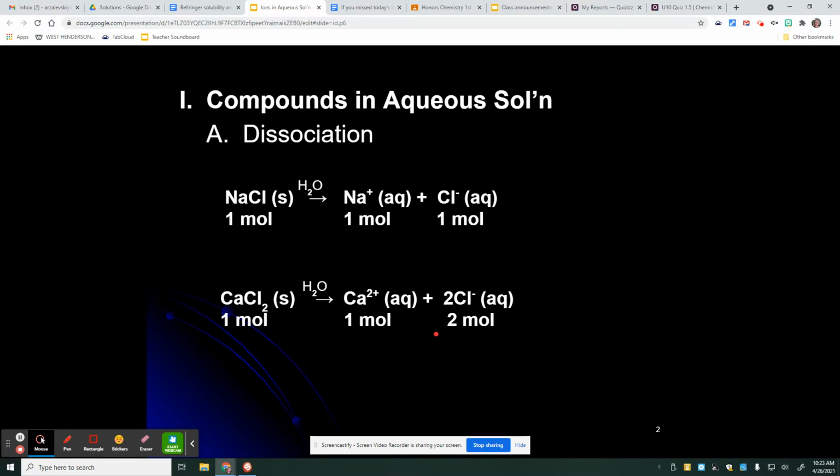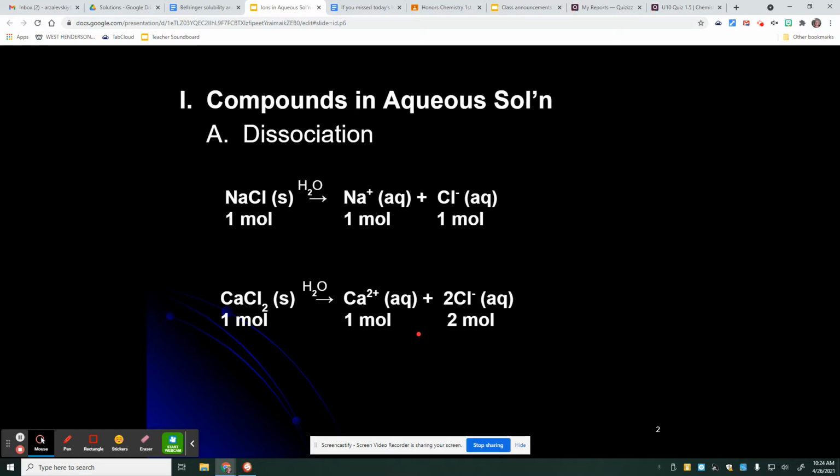We're not going to be forming a chlorine gas or anything like that. We're just showing how this ionic substance splits into its ions because of that polar water getting in between. So it splits into calcium ions and 2 chloride ions. So for every 1 piece that I put into solution, I get 3 pieces floating around, 1 calcium and 2 chloride ions. So this calcium chloride would have a greater effect on those colligative properties.